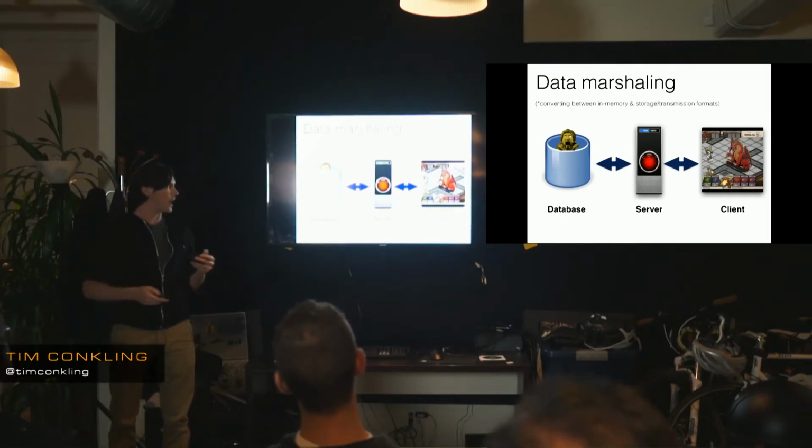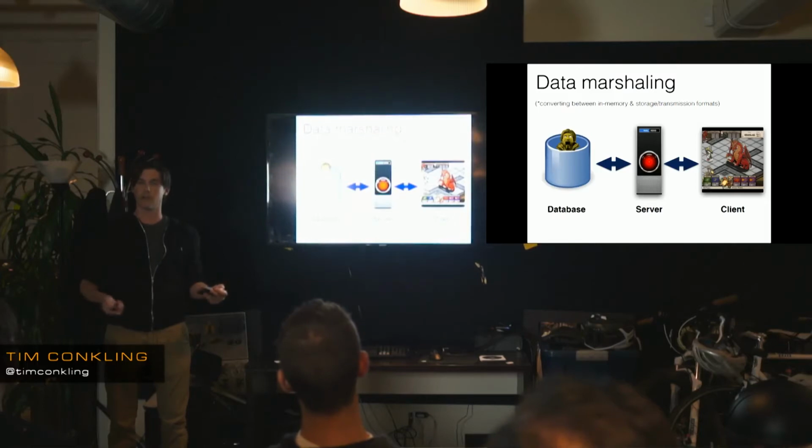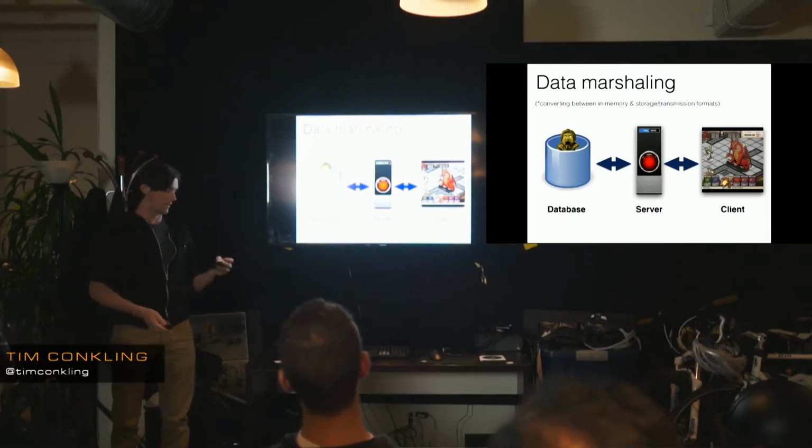And in the middle, you have your server, and the server's job is to take data out of the database, ship it over usually a network to the client, and also receive commands from the client and validate those commands and send them back into the database.